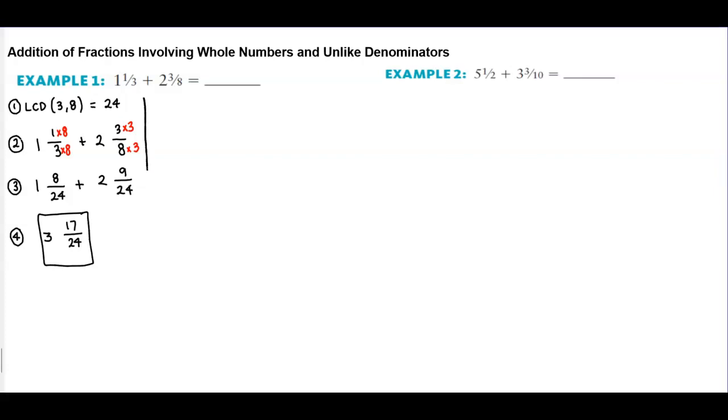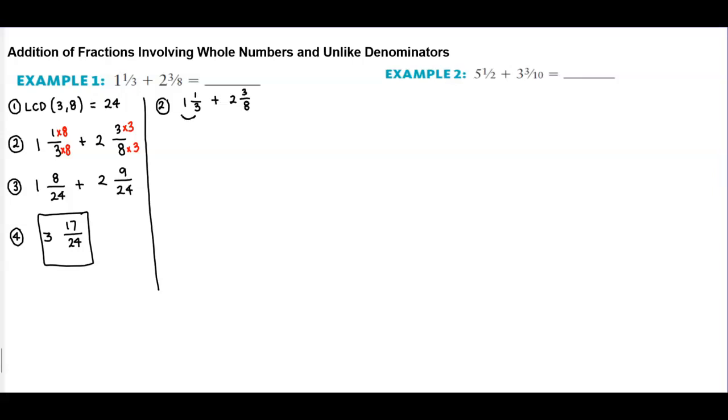Now, how would we do this if we wanted to convert these into improper fractions? So we know the common denominator is already 24. So in step number 2, I'm going to go ahead and rewrite the same fraction. So we have 1 1/3 plus 2 3/8.